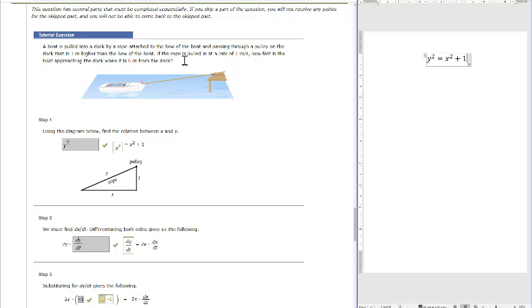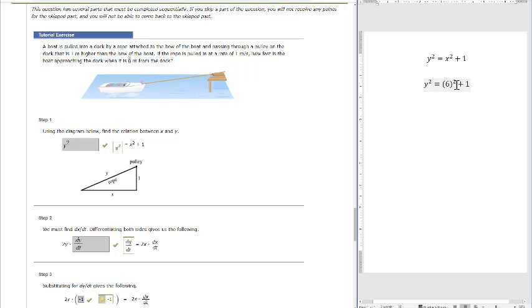And now what we want to know is how fast the boat is approaching the dock when it is 6 meters from the dock. So the distance from the dock is this x value. So we want to take this equation and put 6 in for x. And then when we put 6 in for x, we're going to get the value for y.